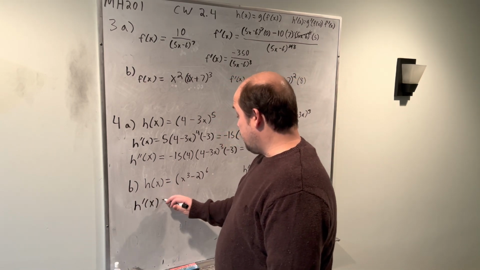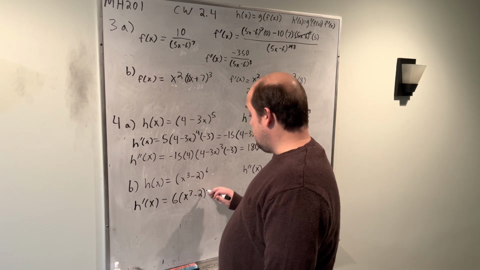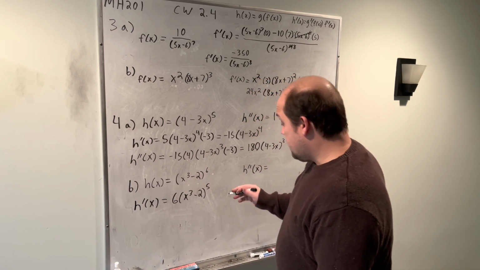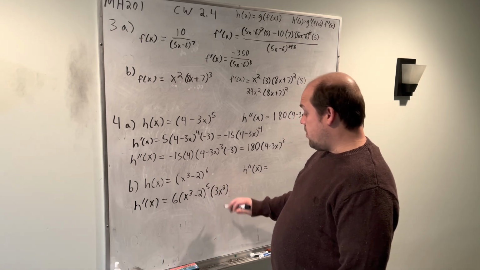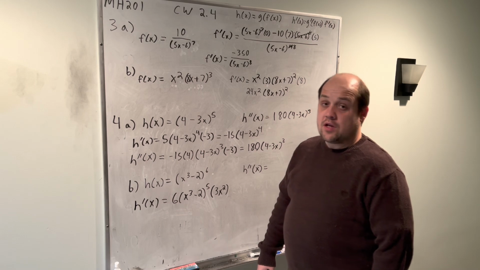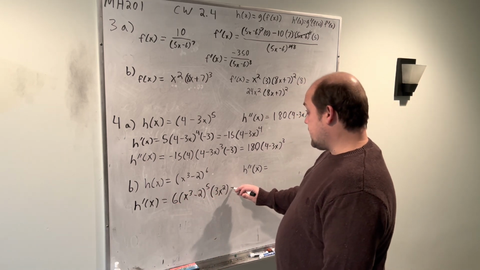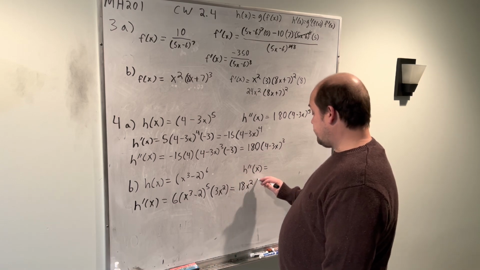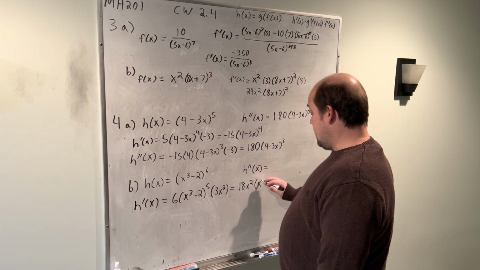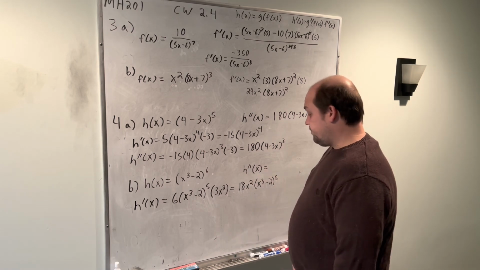When I do that first derivative, this 6 comes down, leaves me with x cubed minus 2 on the inside to the 5th. Then when I multiply by the derivative of the inside, 3x squared, that's where the next step is going to turn into a product rule. The 3x squared gets multiplied by the 6 and gives me a total of 18x squared out front. Behind that, x cubed minus 2, now to the 5th power.